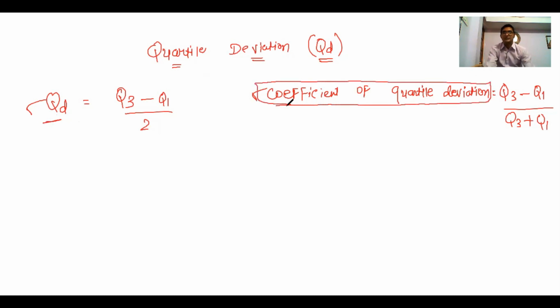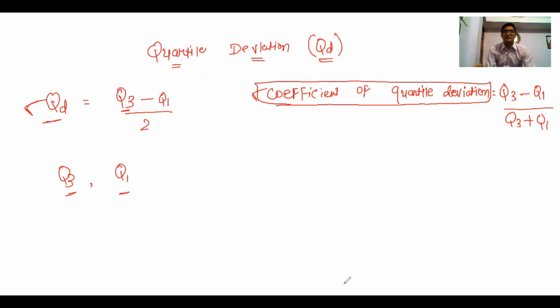But here it is not so simple, because in this formula, first of all we have to find out separately the value of Q3 as well as the value of Q1. And for these two values, we have to use chapter number 3, measures of central tendency.